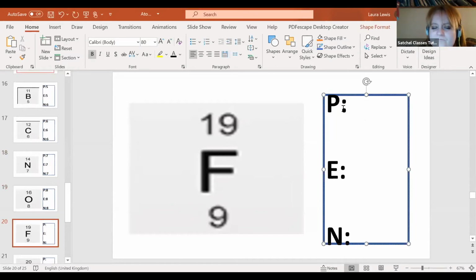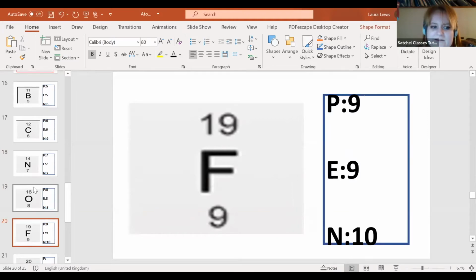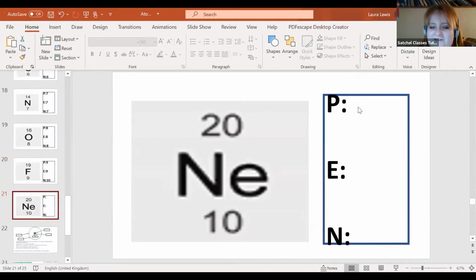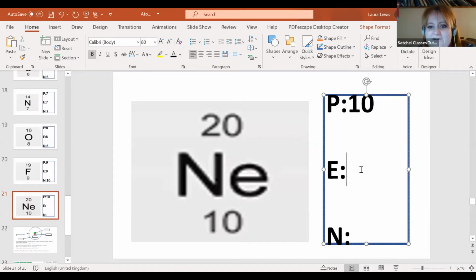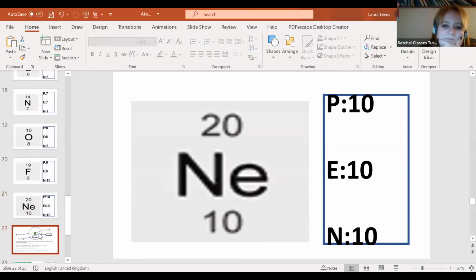Fluorine: protons, 9. Electrons, 9. Neutrons, not 9 this time, 10. It doesn't really get any harder than this. Neon: protons, 10. Electrons, 10. Neutrons, 10. So sometimes they've got the same number and sometimes they haven't.